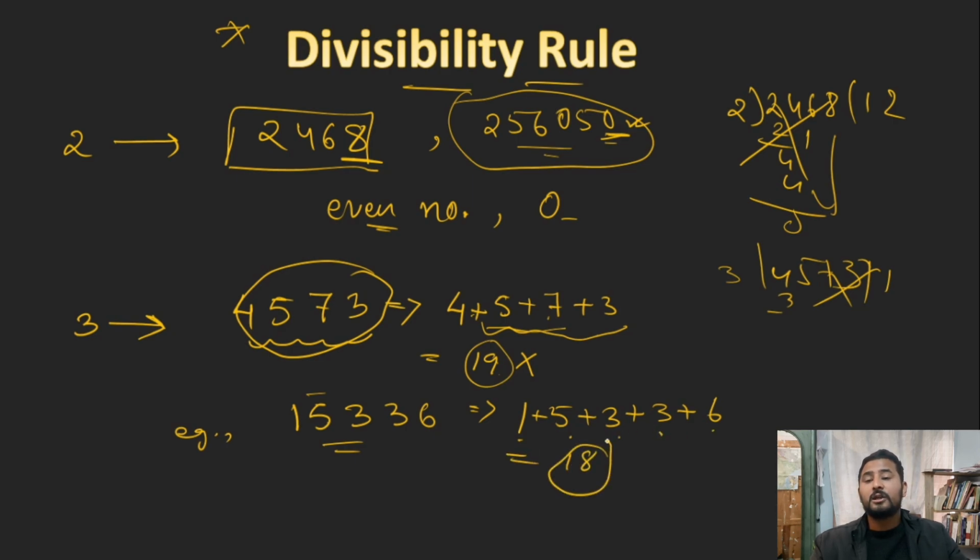Is 18 a multiple of 3? Yes, because 3 into 6 is 18. That means this whole number is divisible by 3. I hope it is clear.